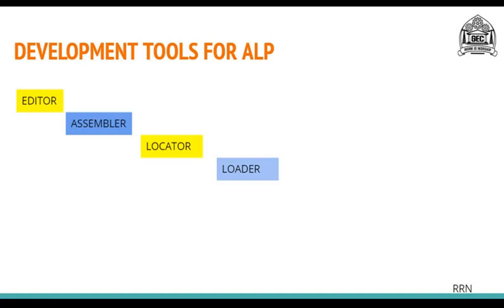The next tool after the loader is your linker program. The linker program links smaller programs together in the form of a large program. Basically, all the subroutines are linked together as a main program by your linker.